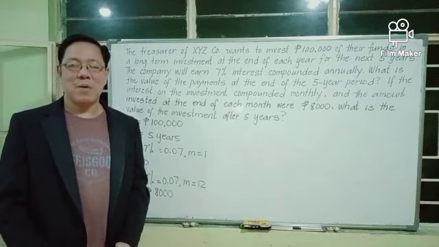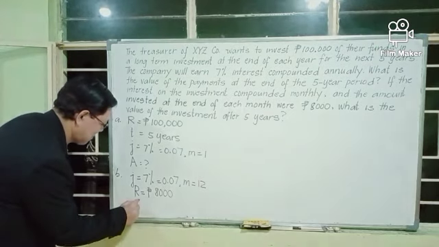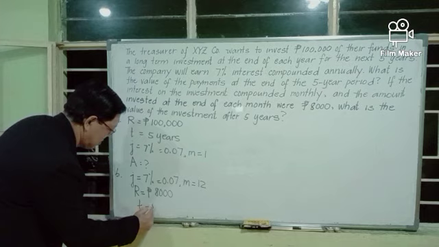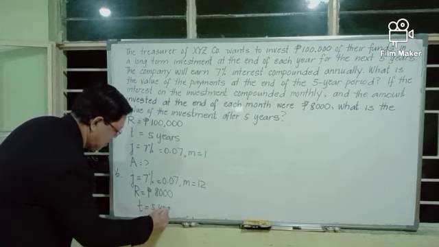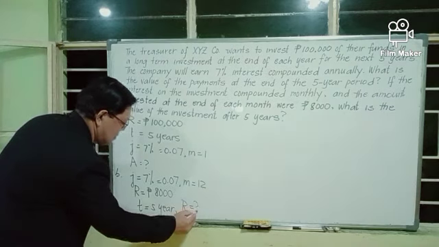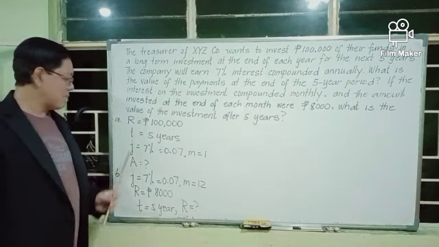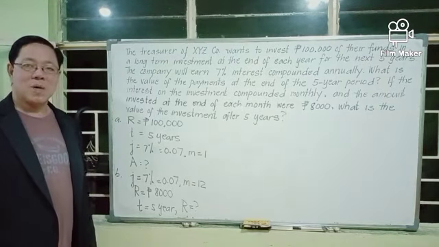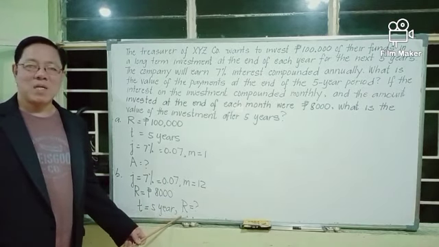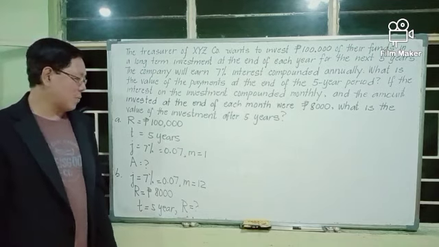For both parts of the problem, the required is the accumulated value of the ordinary annuity, the value of the regular payments at the end of the 5-year period.